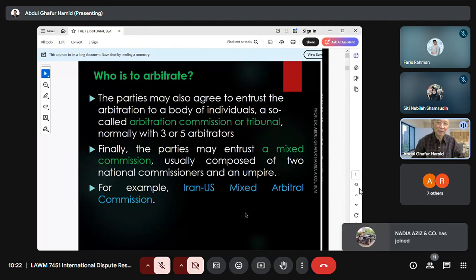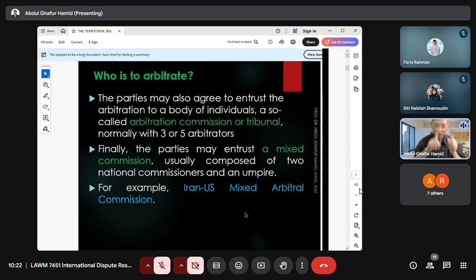The second type of arbitration is an arbitration commission or arbitral tribunal. Not only one person. As it's a tribunal, it means at least 3 persons, 3 or 5 arbitrators. Normally, the number of arbitrators should be an odd number, so that they can make the decision easily, by majority decision.